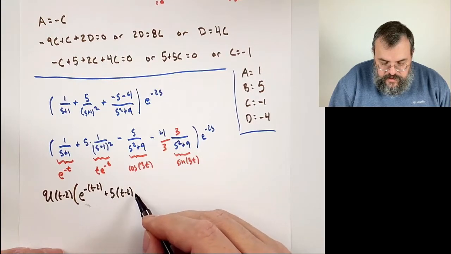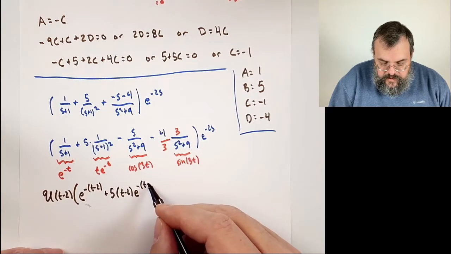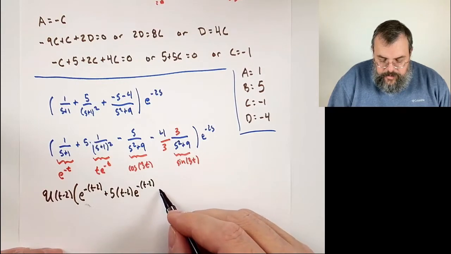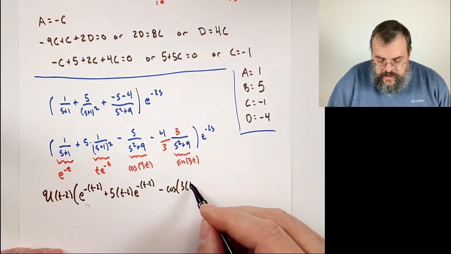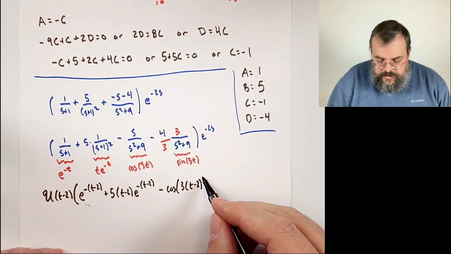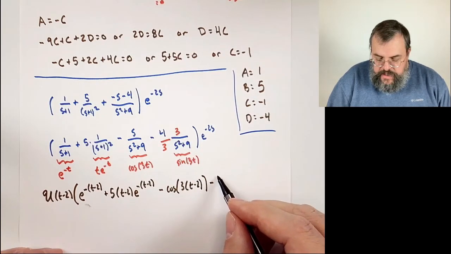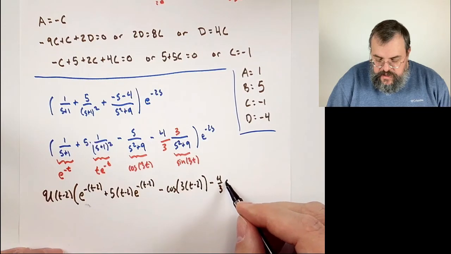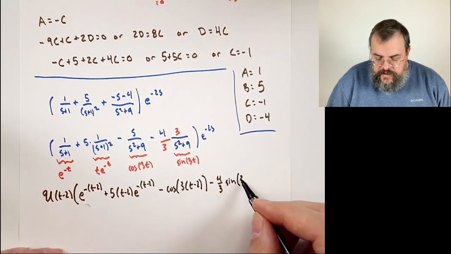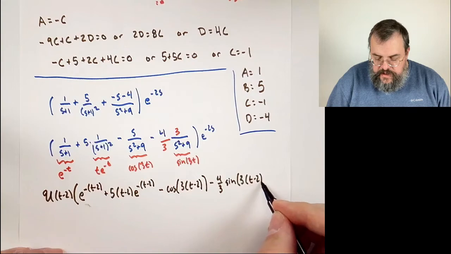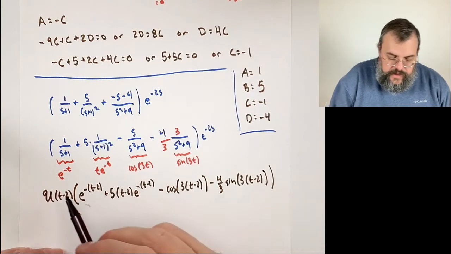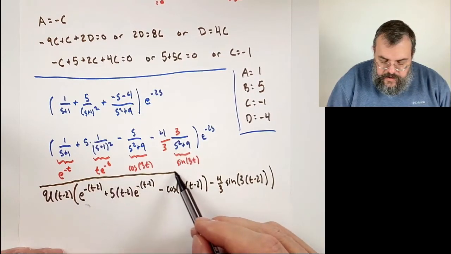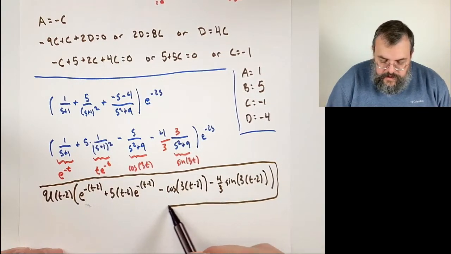So 5 (t minus 2) e to the minus (t minus 2), minus cosine of 3(t minus 2), minus 4/3 sine 3(t minus 2). And there we are.